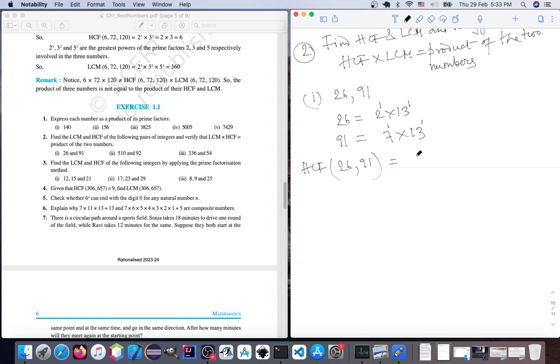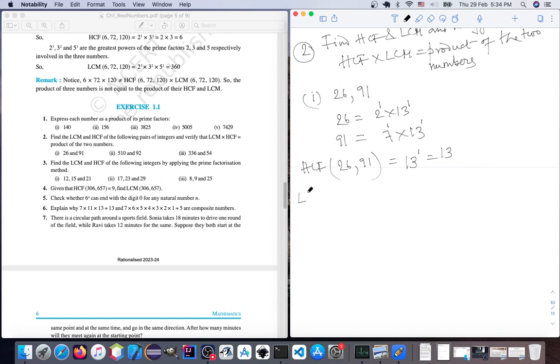Sorry, the common factor is only 13, and we have only power 1. So 13 is the HCF.